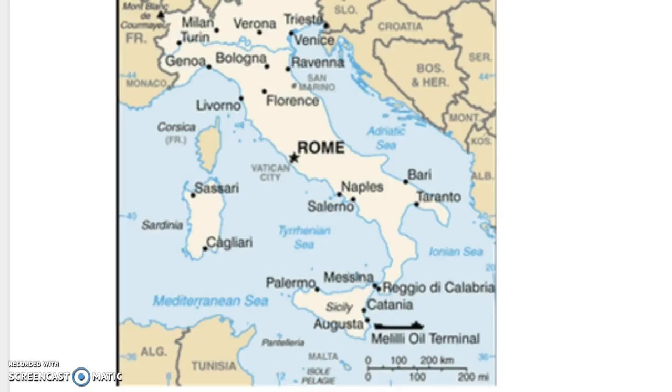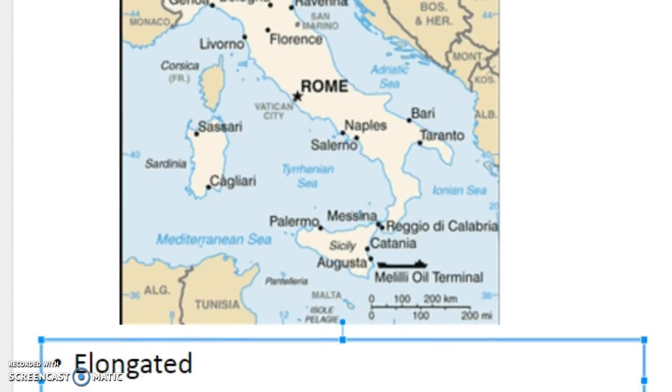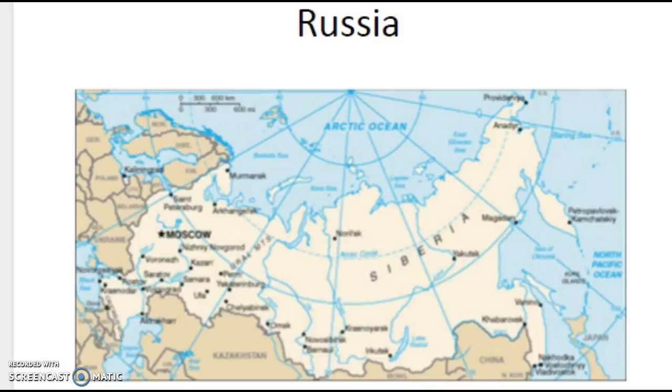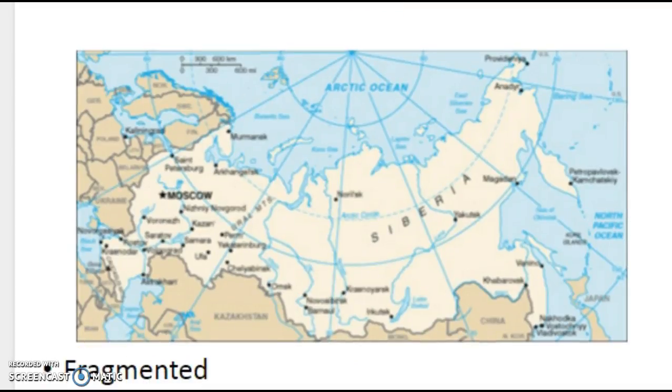Hopefully you'll remember. If we're going to classify its morphology, the correct answer would be, wait for it, elongated state. All right, looking at the country of Russia, thinking about our different classifications. I'll give you a minute, and the correct answer would be fragmented state.